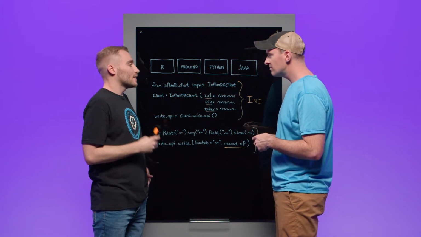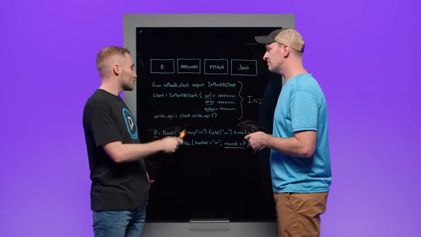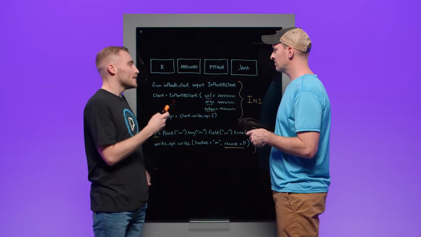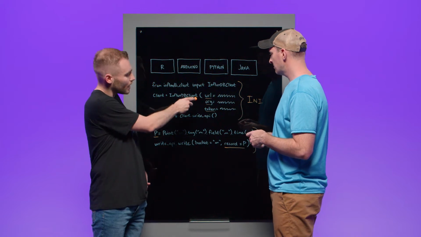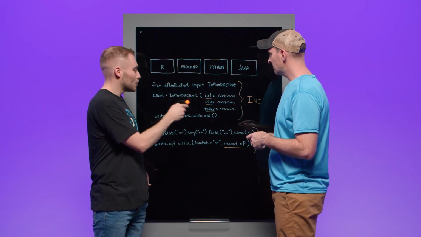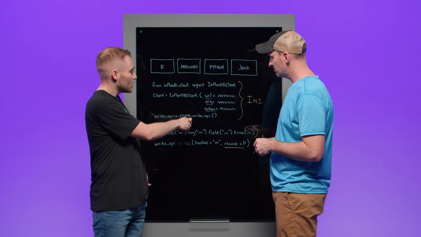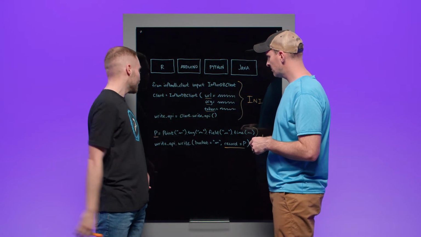We then want to be able to connect to our InfluxDB instance. So what we're going to do is we're going to call the class InfluxDBClient. And we need 3 parameters for this: URL, organization, and token. Next, what we need to do is we need to create an instance of our write API. And that's going to do the heavy lifting in terms of writing our data. So all we're doing here is we're assigning this to a variable, write_api equals client.write_api.